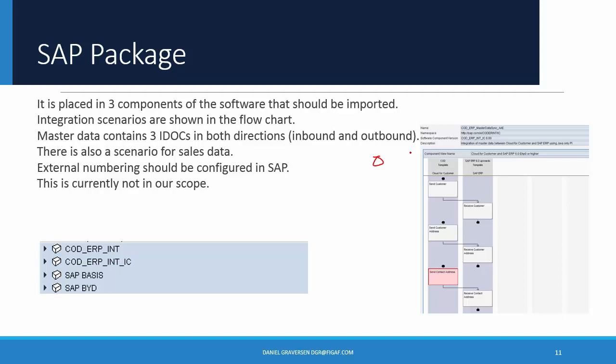It's working okay, but you have to figure out how to configure those new business person types. It's delivered in 3 packages that you need to install on your system, and you can find them in the service marketplace, I think it was. We have something about external numbering. I think I'll be covering that in a later slide.